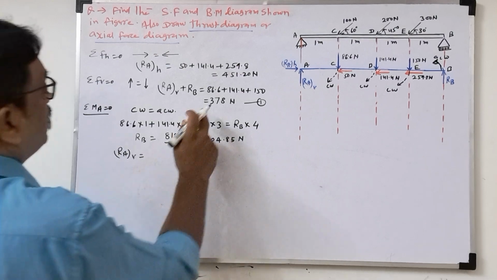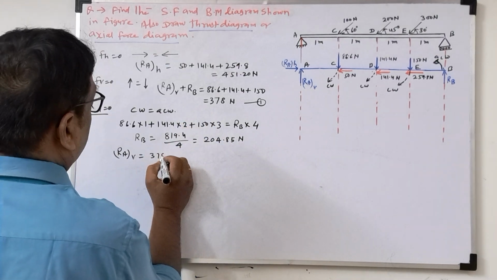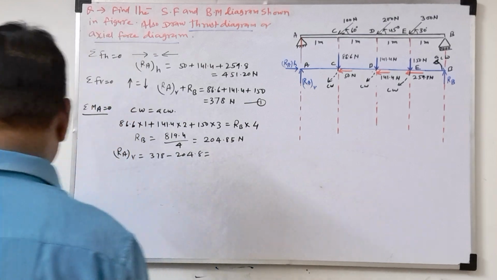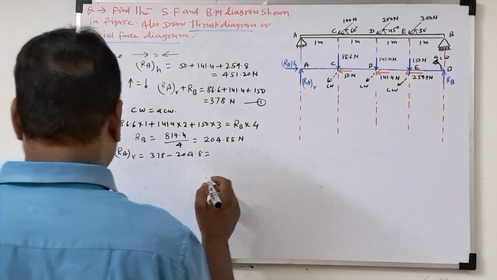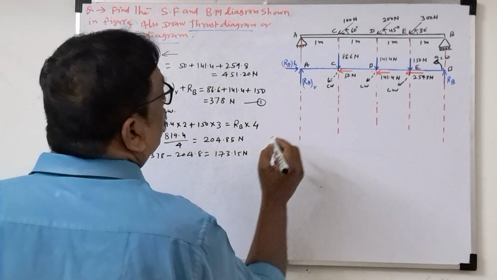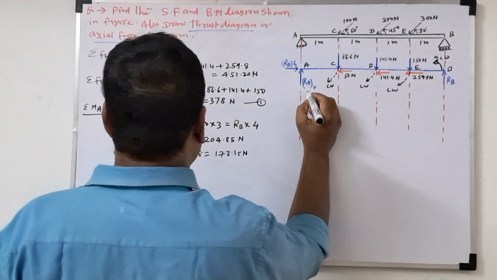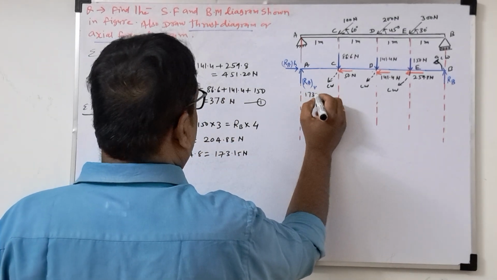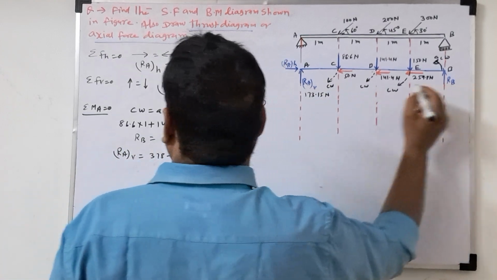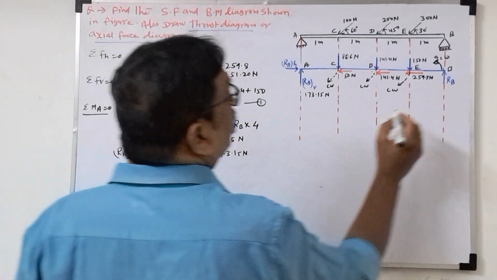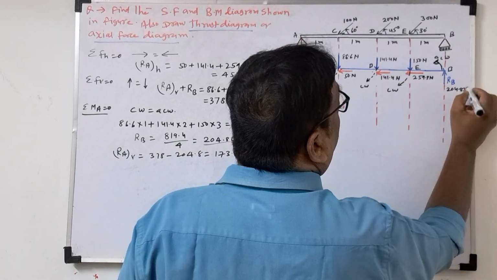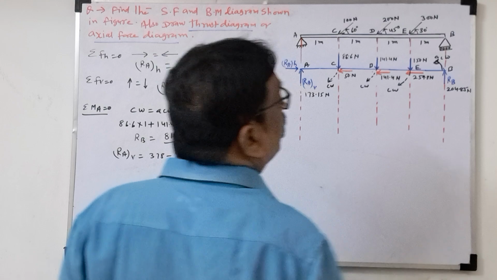RAV, how much will you get? 378 minus 204.85, so 173.15. So we got RAV as 173.15 Newton, and RB is 204.85 Newton. We know this.